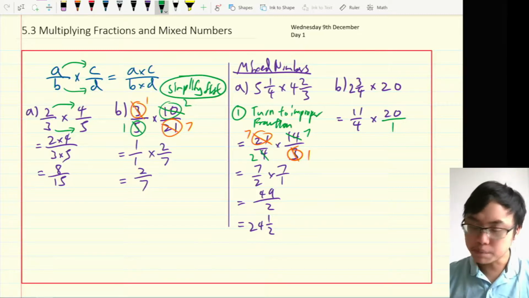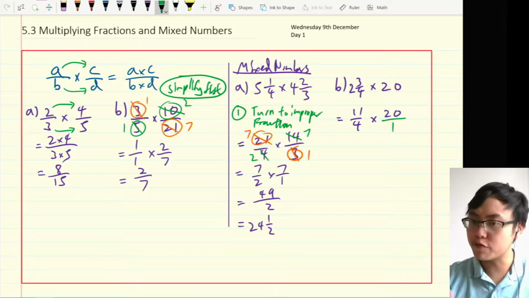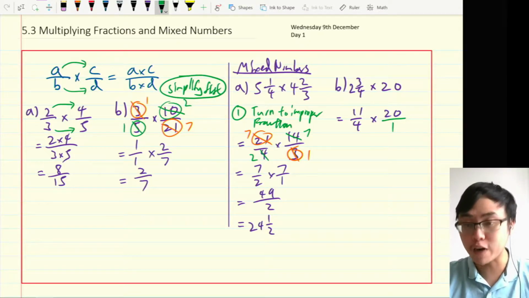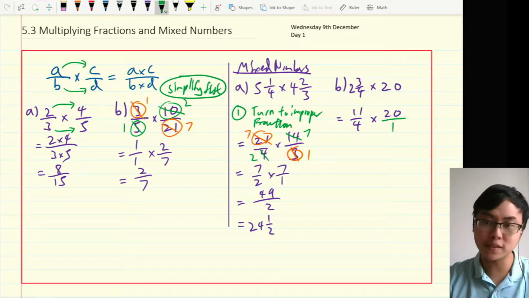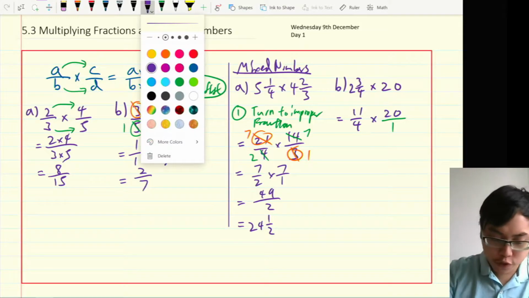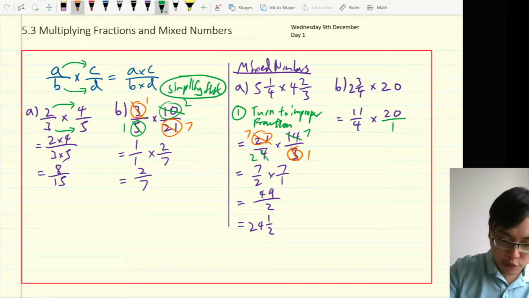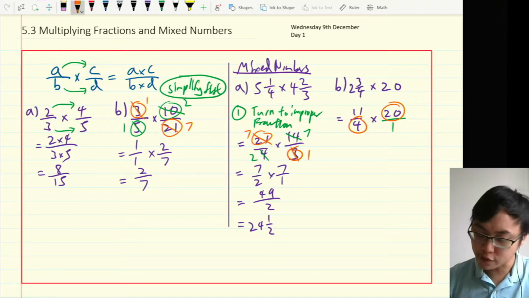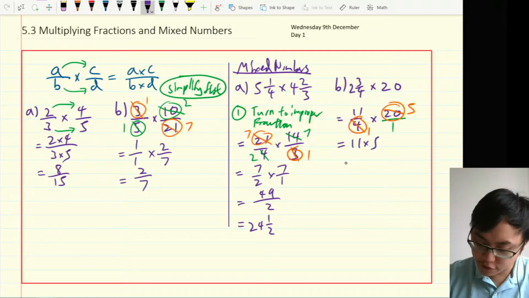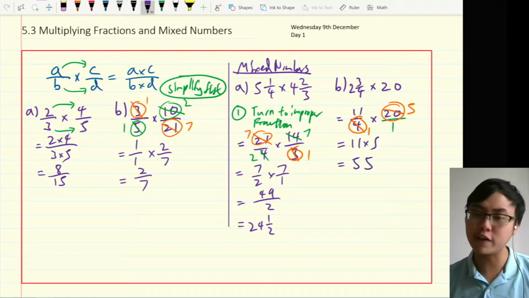Some people are used to just simplifying directly, but if you're not so good at math, if you're not super familiar with fractions, then I would advise you to write that invisible denominator, because it will make it easier for you to see that you can simplify the 20 and the 4. 4 and 20 have a common factor of 4, so I can divide 4 by 4, that's 1. 20 divided by 4 is 5, and so I am left with 11 times 5, and so my answer is 55 in the end.